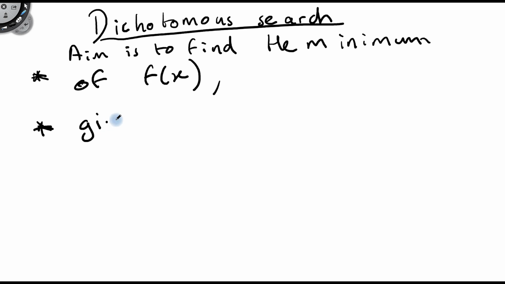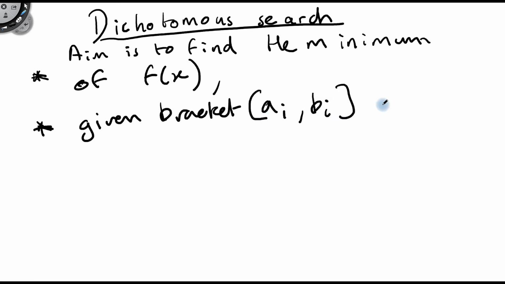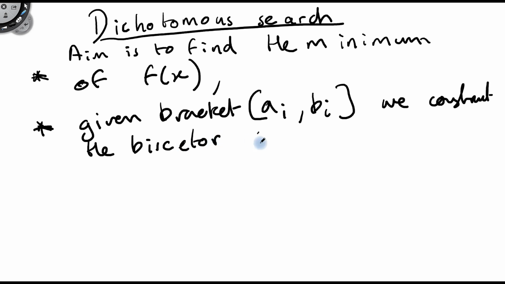So we have a given bracket AI, BI, and we construct a bisector. Another way of looking at it is an adapted bisection method for finding minima, and it's just AI plus BI divided by 2.